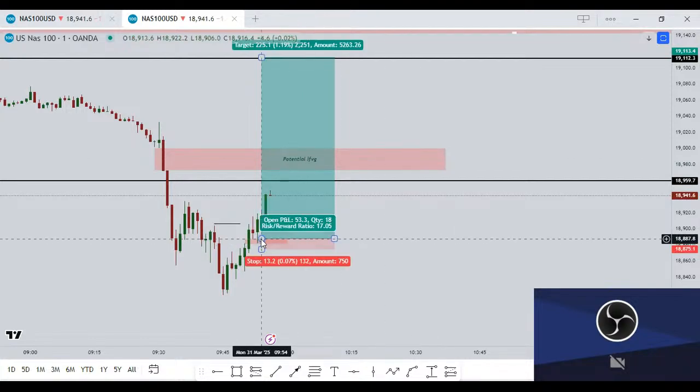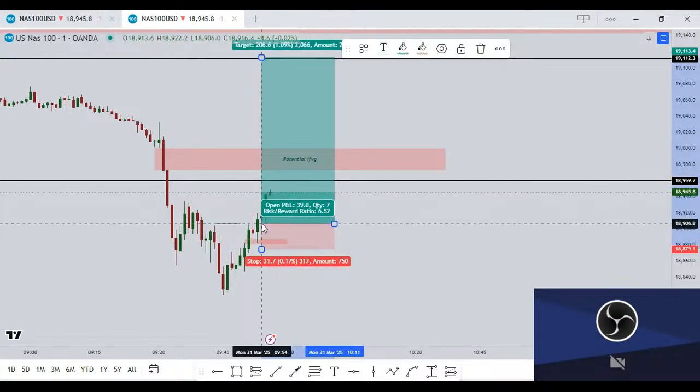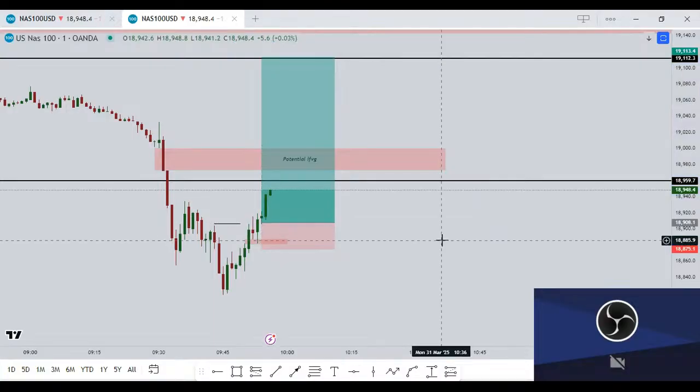So, but we took a late long entry. The entry was around this level, right? If you could recall. Let me go to my TradingView. Let me pull up the chart.